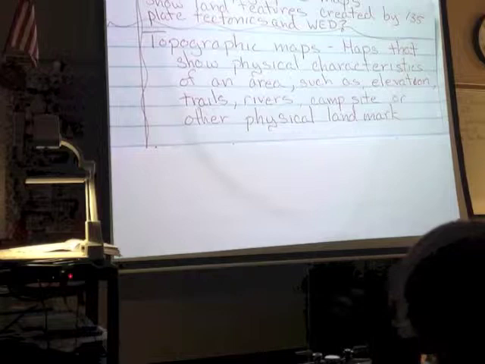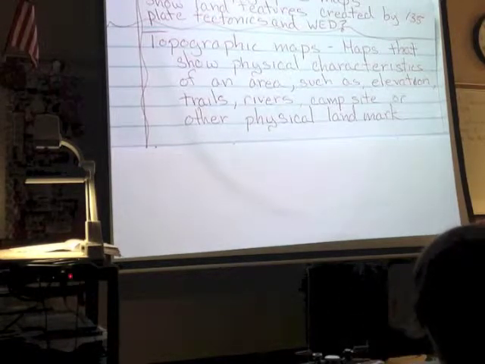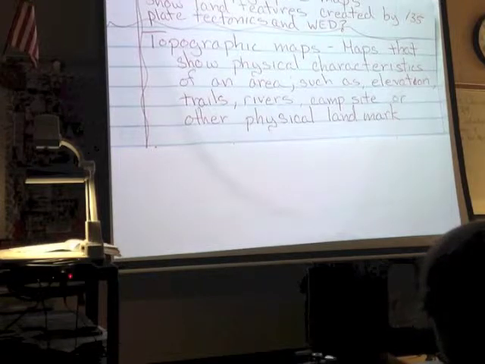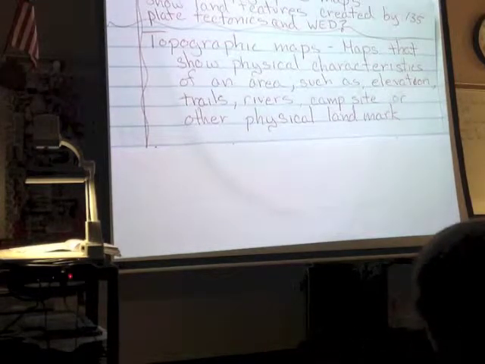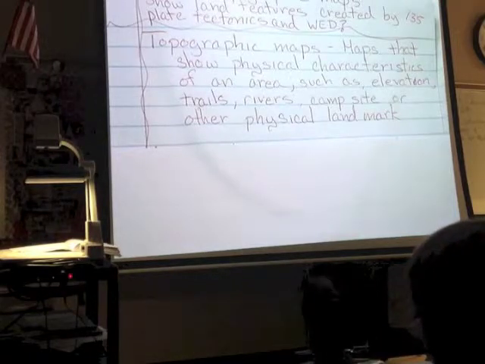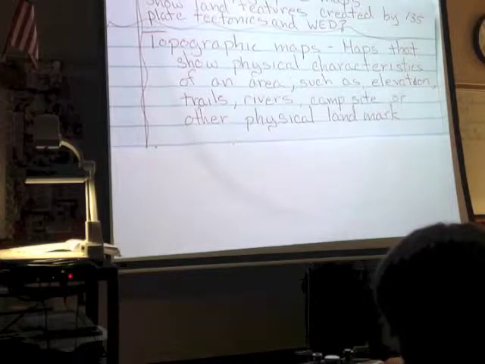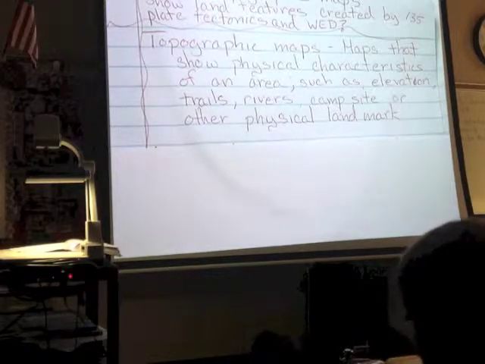Every topographic map is going to show you the elevation of the land. It can show you trails, like if it's a camping area, it'll show you the trails that you can walk on. It can show you where the rivers are, where the creeks are, campsites. Basically, any major physical landmark is shown on a topographic map.